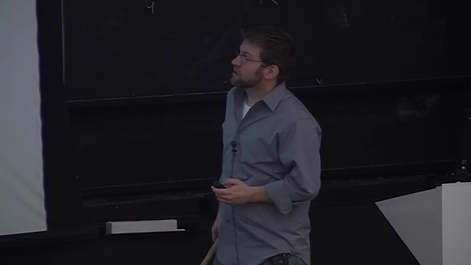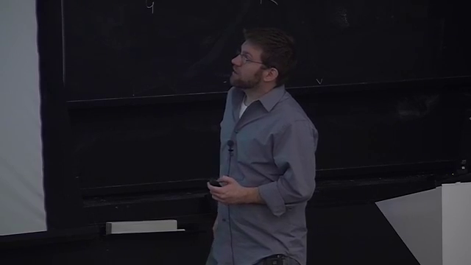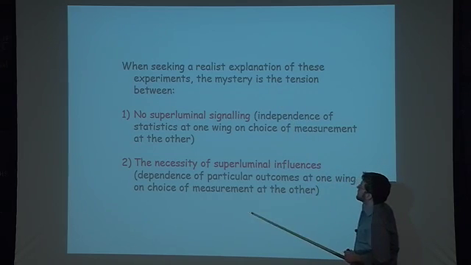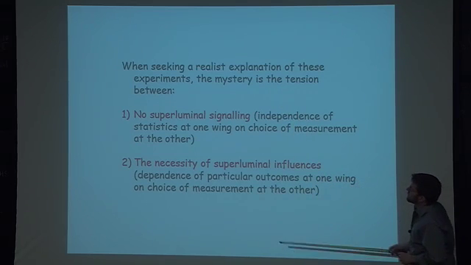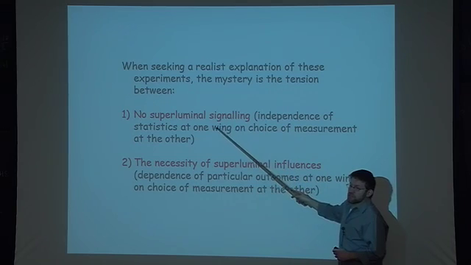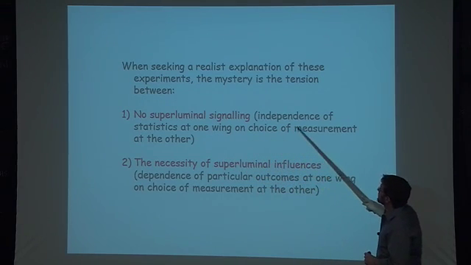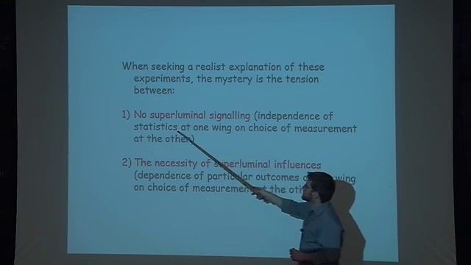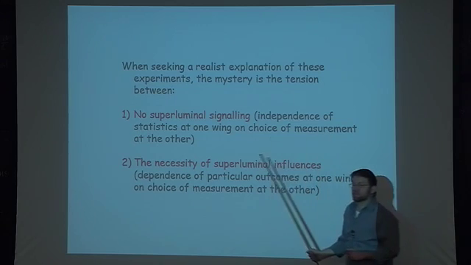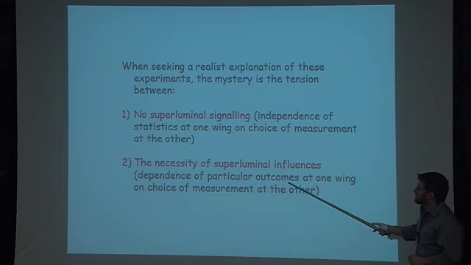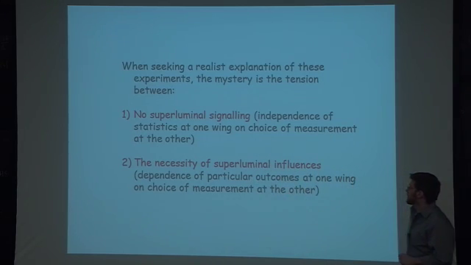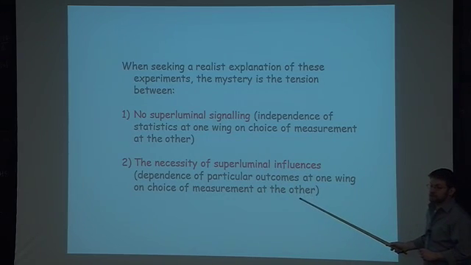Okay, so what's the mystery of Bell's theorem? If you want a realist explanation, so we're not being operationalists here, we're asking for a realist explanation, then there's a tension. Because on the one hand, there's no superluminal signaling in quantum mechanics. I'll say a bit about that in a moment. So you have no dependence of the experimental statistics at one wing on the choice of measurement at the other. And yet you do have a dependence of the particular outcomes you get at one wing on the choice of measurement at the other.